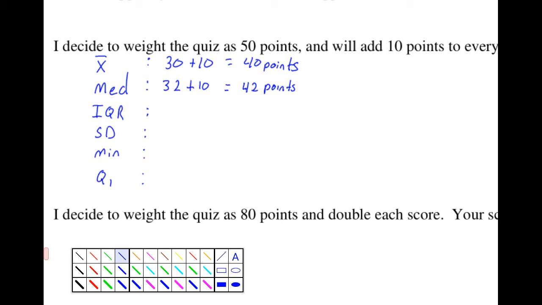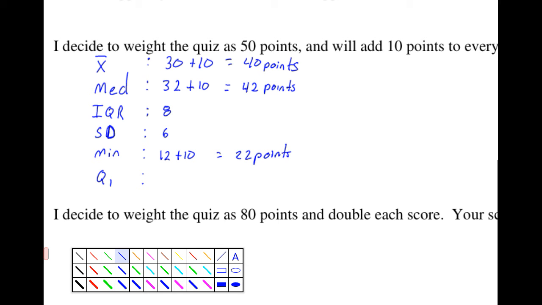Okay, IQR, it was 8. It's still 8. It's a measure of spread. It does not change when we shift. Same thing for standard deviation. The spread does not change because all the values are being shifted by the same amount. My minimum was 12. I'm adding 10. So it is now 22 points.